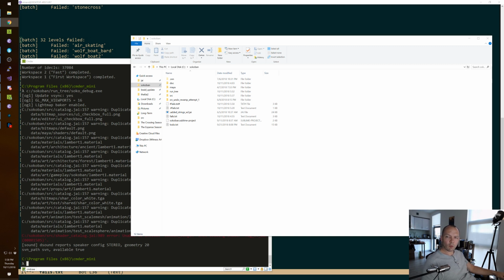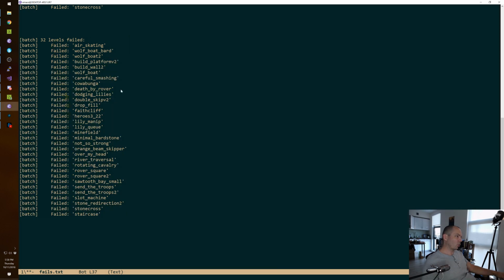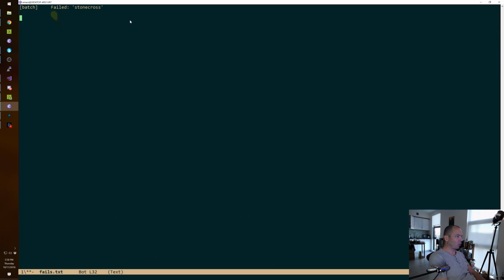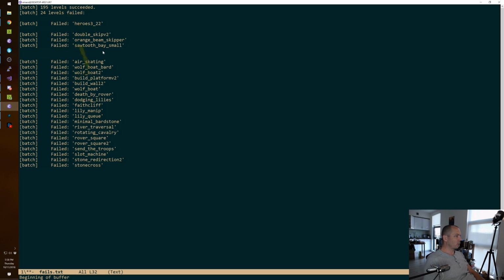Did those 24 levels run correctly in the past? No. There are 24 known failing levels. And they are these ones that we already had in this file. This one is not really done. These 3 are a gameplay bug.